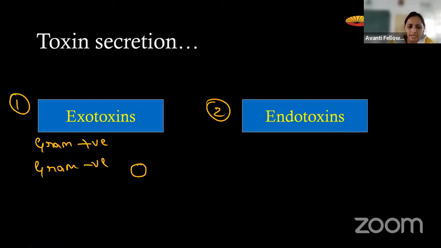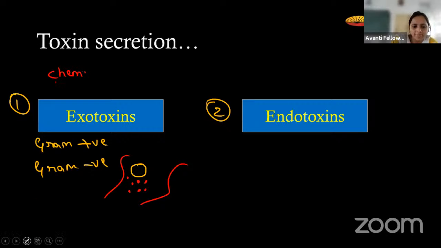The bacteria entered the blood, right? So now see here, this bacteria entered the blood, so it started secreting chemicals, right? Through these chemicals released by the bacteria, you are getting the disease. So that we call the exotoxin. What is exotoxin?